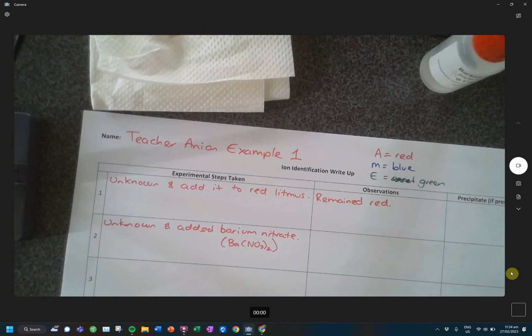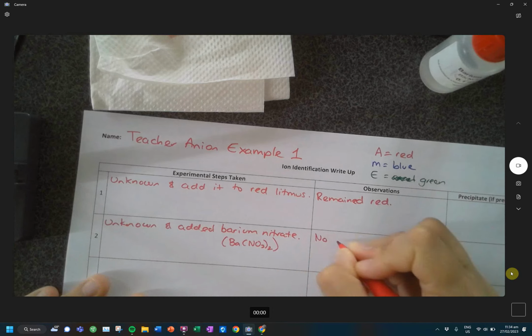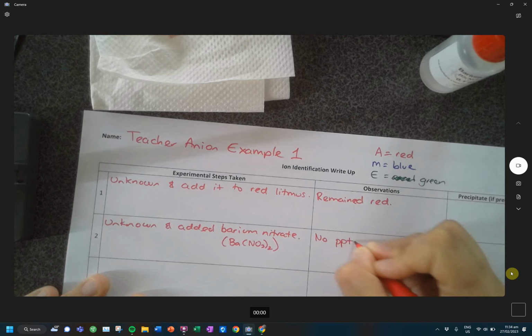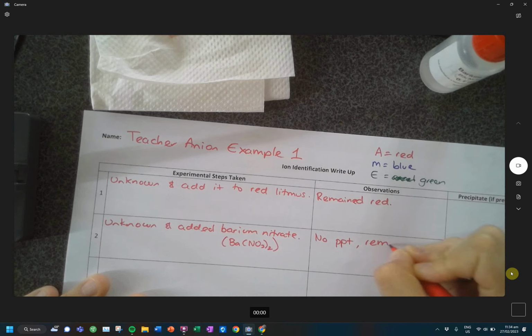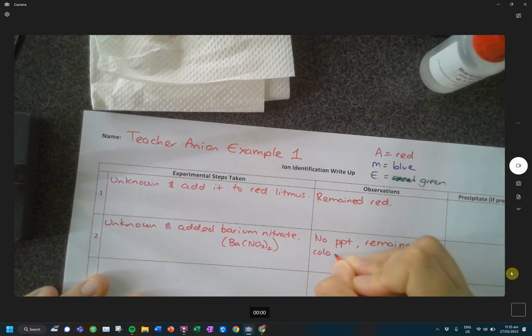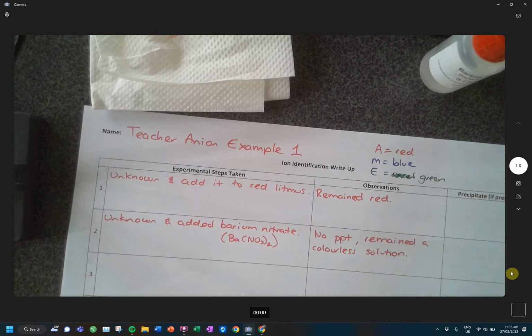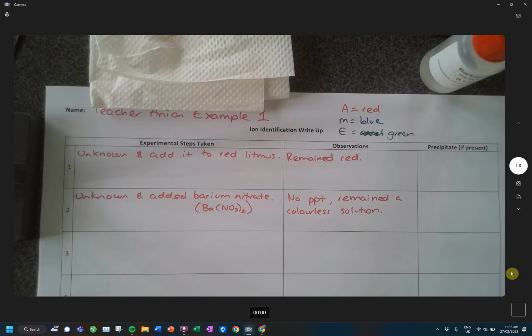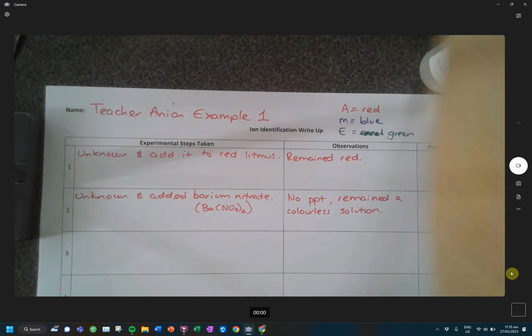No. So no precipitate, remained colorless solution. I'm happy if you guys want to abbreviate precipitate as PPT, because precipitate is a very long word to write.